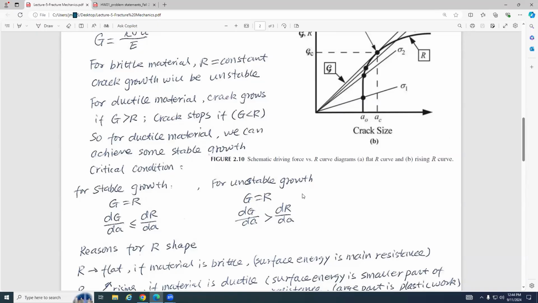However, for unstable growth, first, this prerequisite condition must be met also, but at this time, if the change of energy release rate is greater than the change of resistance, that means the crack propagation cannot stop.